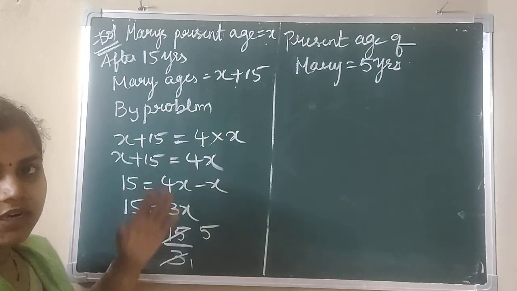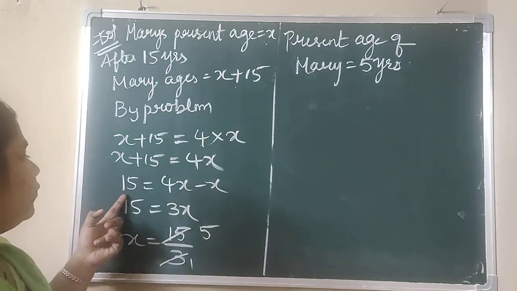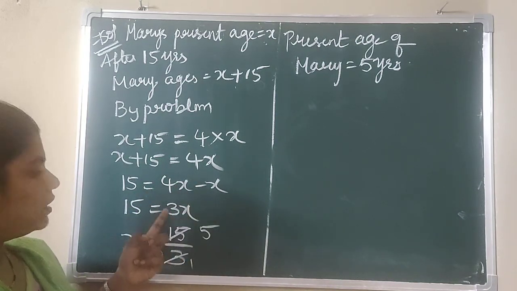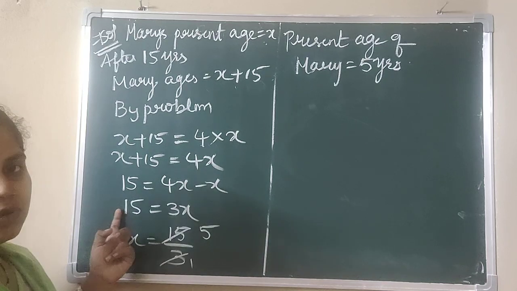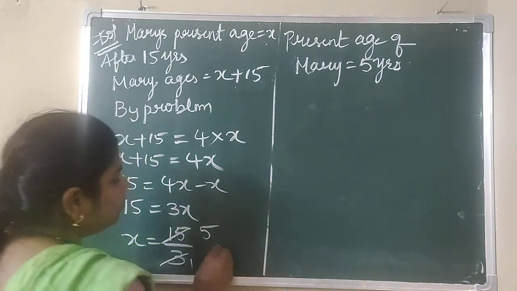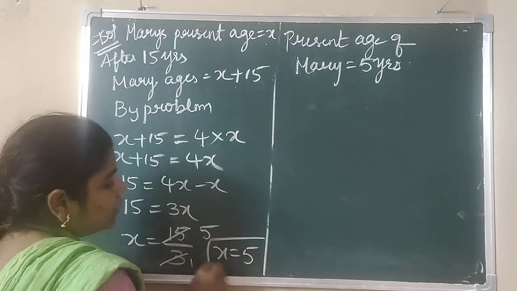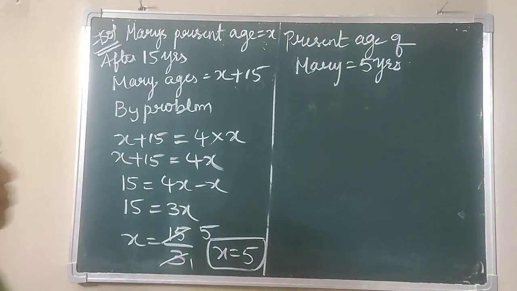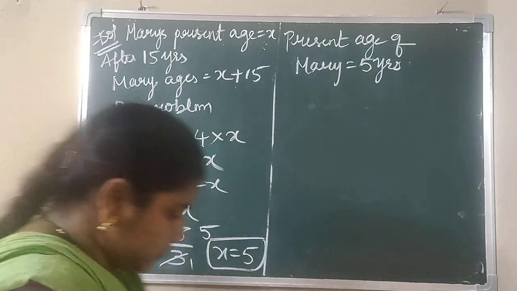Transpose x to the other side, that will become subtraction. So 15 is equal to 4x minus x. 15 is equal to 3x. Transpose 3 to the other side, that will become division. 3 ones are 3, 3 5s are 15. So what is the x value here? The x value is 5. So x is nothing but the present age. So what is the present age of Mary? That is 5 years. So this is our seventh solution.